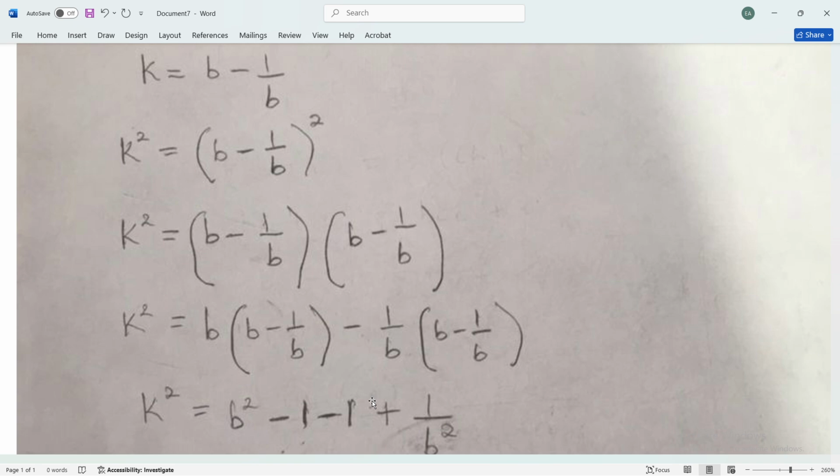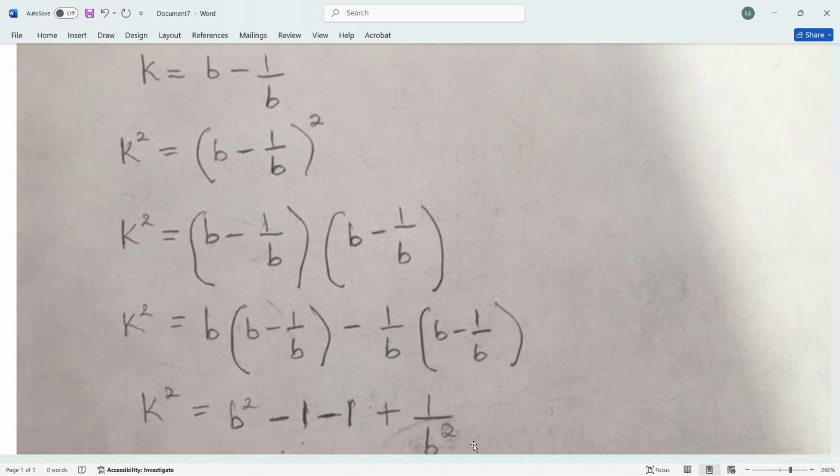So we have 1 as the value in the numerator of this fraction. Also, we have b multiplying b, and that will give us b squared, right? So we formed our equation.